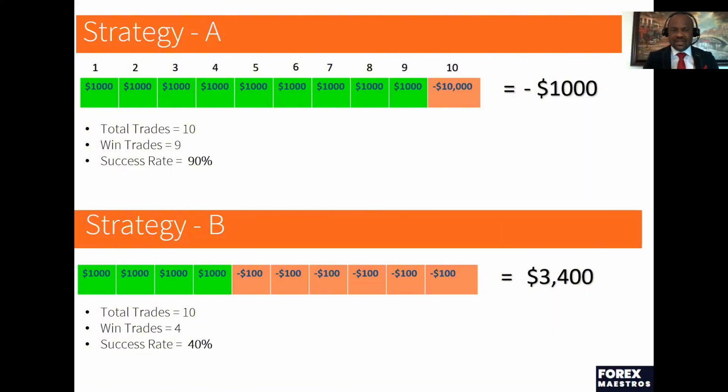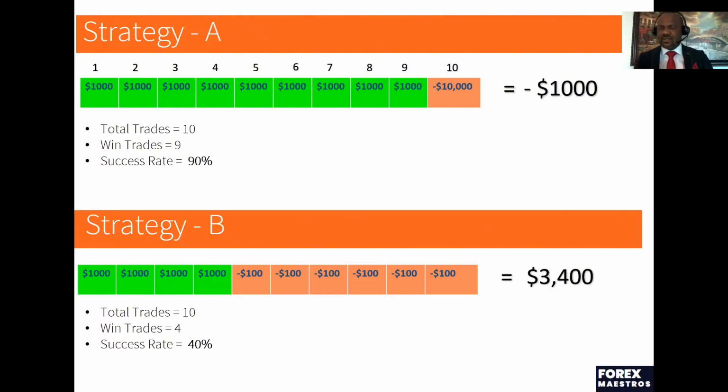Strategy B, on the other hand, risks $100 every time he's trading, but he tries to make $1,000. So his risk reward is 1:10, reverse. Strategy A's risk reward is 10:1. Strategy B's risk reward is 1:10. Are you following, guys?